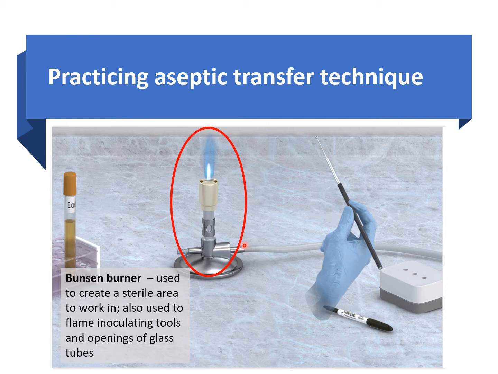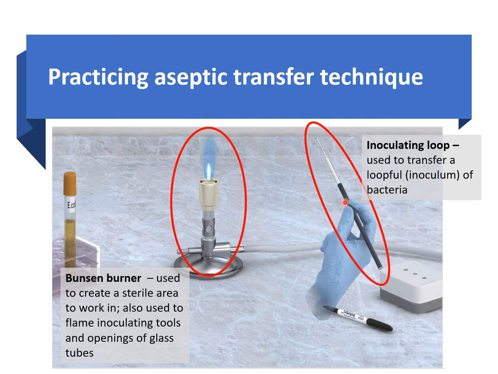Now, other than creating a sterilized zone using the Bunsen burner, what are Bunsen burners used for? They're also used to sterilize your equipment, the tools that you're about to use. For example, this is a tool that we use a whole lot in a microbiology lab, and this is the inoculating loop.